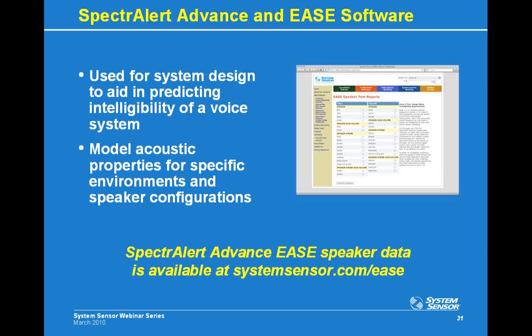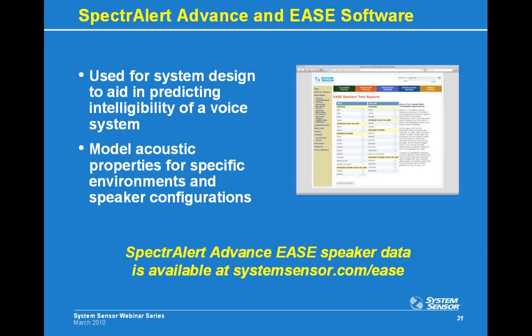So to help predict the intelligibility of a voice system using the System Sensor SpectrAlert Advanced speakers, we had testing completed by an outside lab on all of our speakers for use with this software, and these data files are now available on our website. And now that SpectrAlert Advanced speaker data is available, voice evacuation system designers can use the EASE software to predict the intelligibility of their voice system prior to installation.